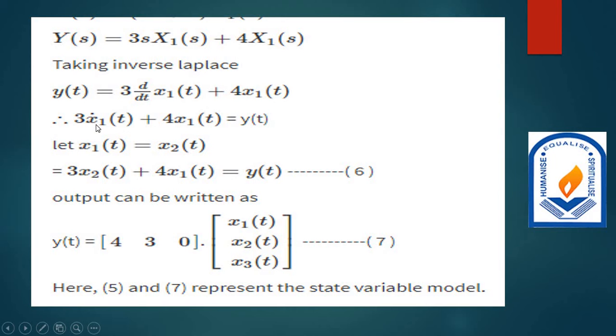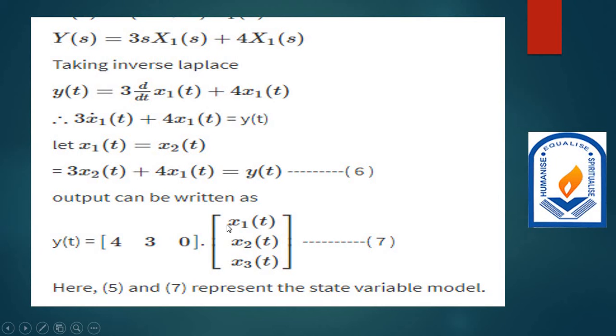So this is 3 x1 dot of t plus 4 x1 of t equal to y of t. Let x1 dot be equal to x2. Therefore 3 x2 plus 4 x1 is equal to y of t. So we have written x2 of t in place of x1 dot of t. This gives us equation number 6.